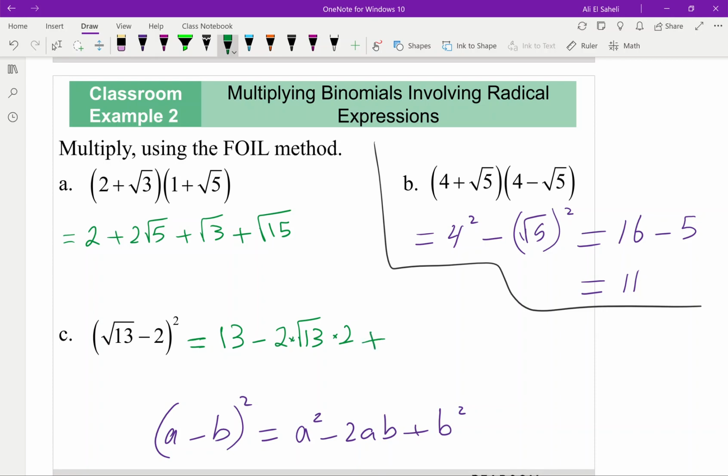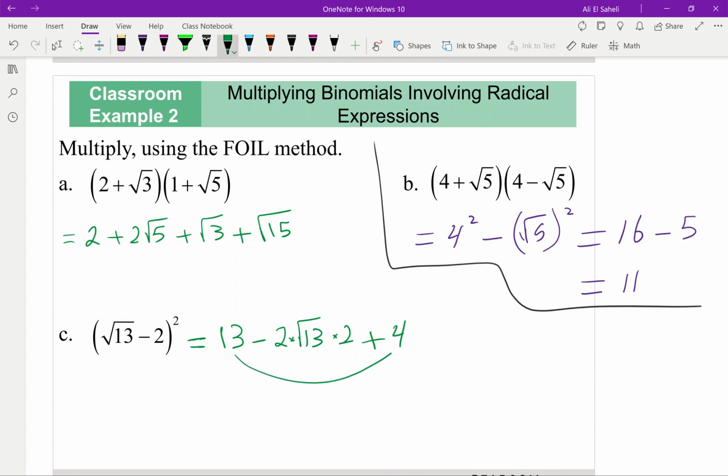Plus, remember this is a plus always, even if this is minus, plus 2 squared, B squared, which is 4. Now what we have here is 13 plus 4 is 17, minus 2 times 2 is minus 4, radical 13.